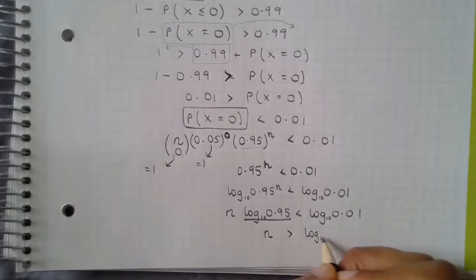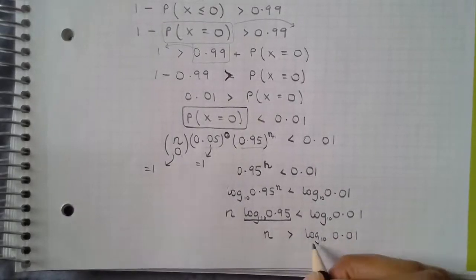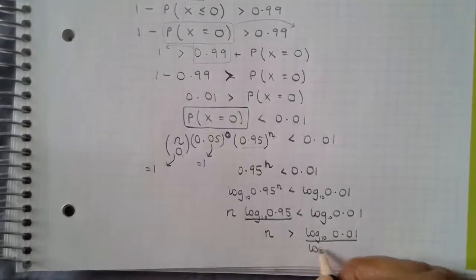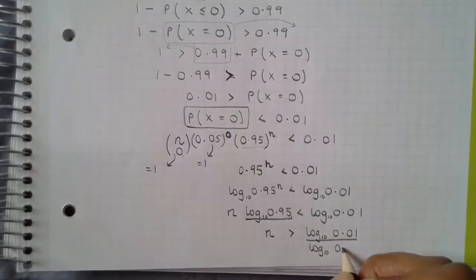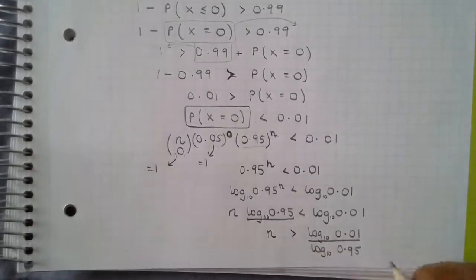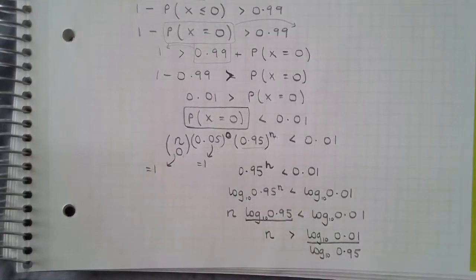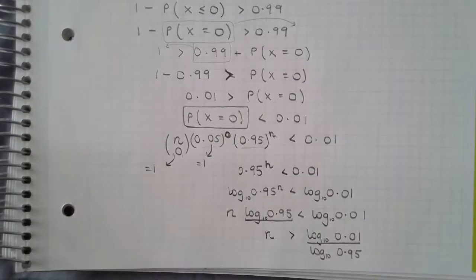We don't have to keep rewriting log base 10. It's a known thing that if it's just log, then it's log base 10. Now if we put that in our calculator, that comes out to n being greater than 89.78.